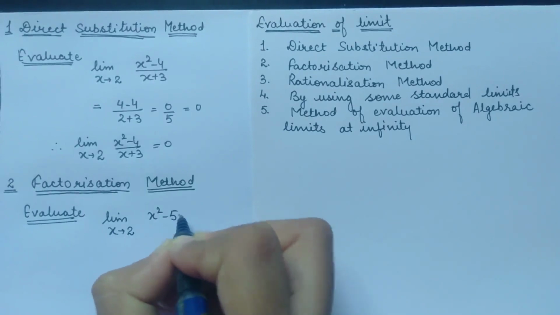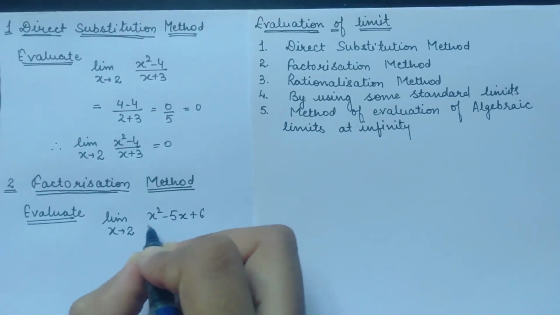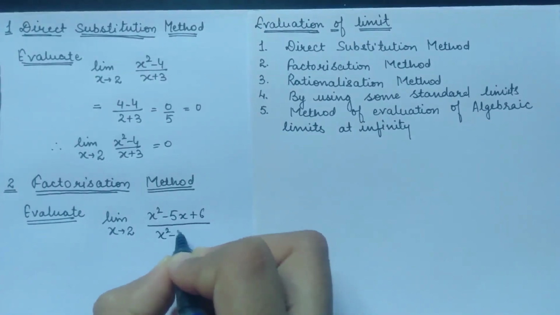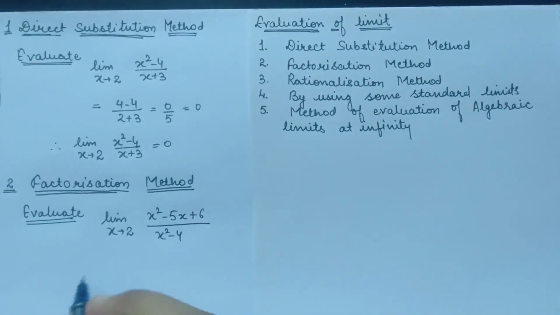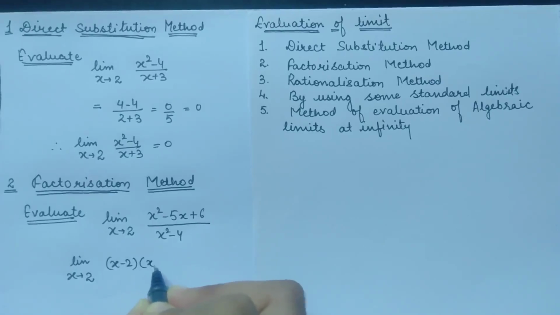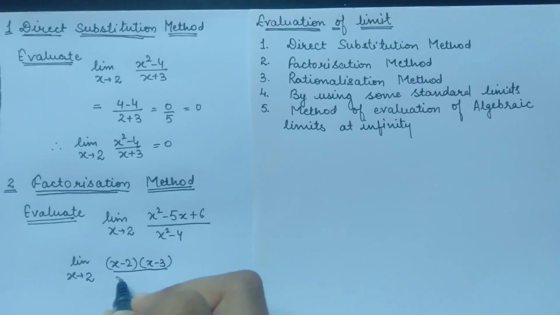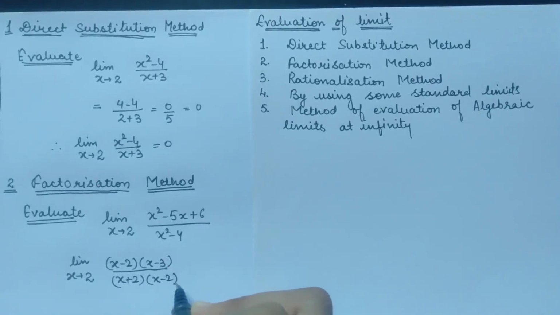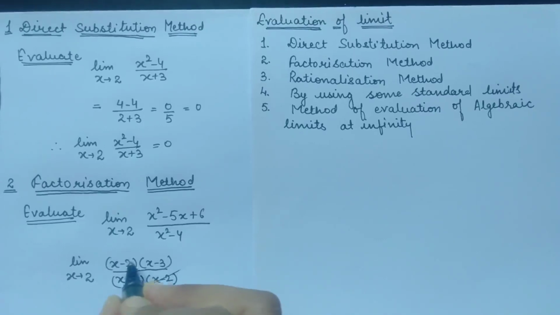Limit x tends to 2, (x square minus 5x plus 6) divided by (x square minus 4). So x square minus 5x plus 6 will reduce to the factors (x minus 2) into (x minus 3), and in the denominator x square minus 4 can be written as (x plus 2) into (x minus 2). So the common factor will cancel out and we will be left with limit x tends to 2, (x minus 3) divided by (x plus 2).